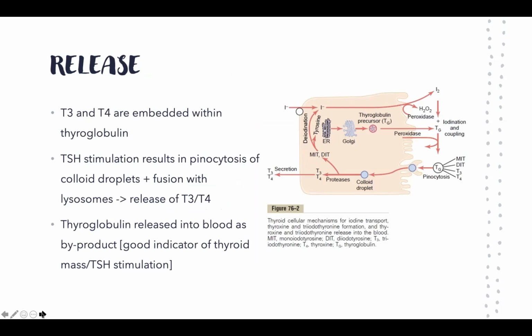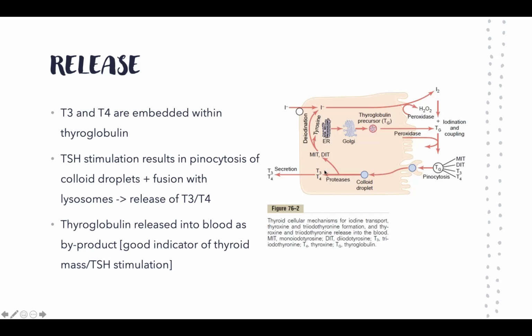All right, so now that we've made our precursors for T3 and T4, they're incorporated back into the follicular cell through pinocytosis. And then they fuse with lysosomes, or here they call it proteases. When they fuse with lysosomes, it starts to release that T4 and T3 that can now be active in the body.